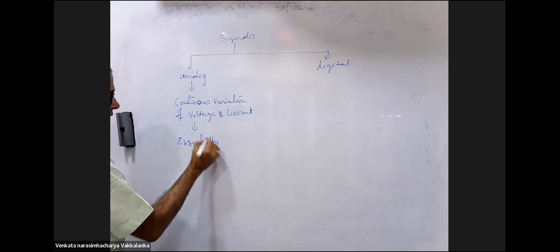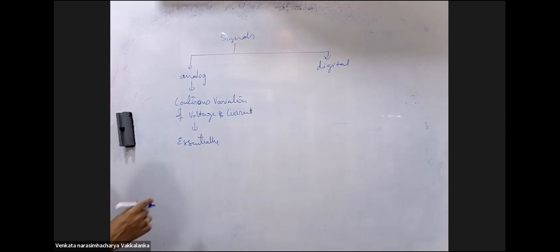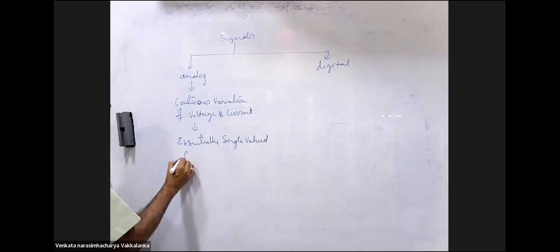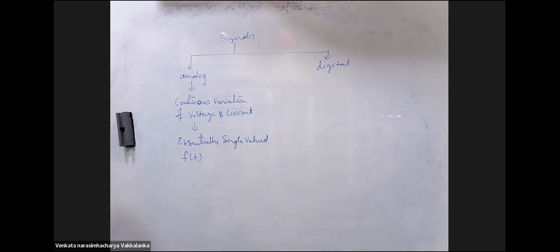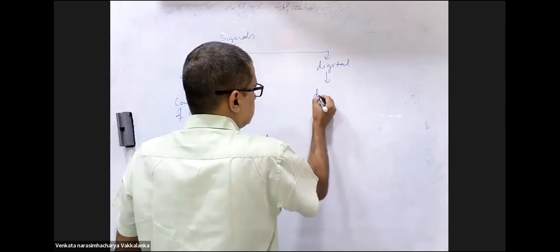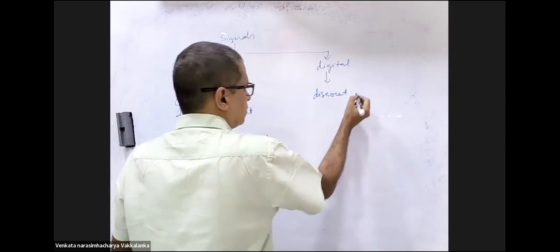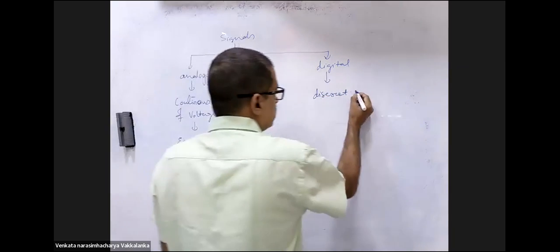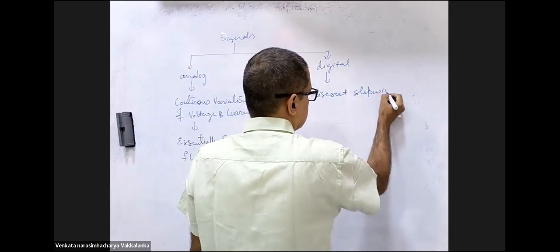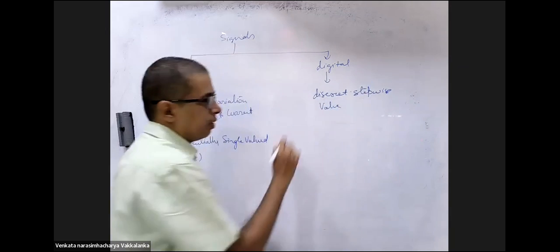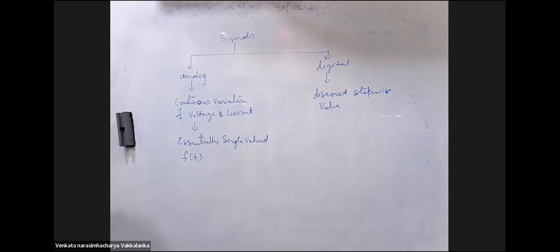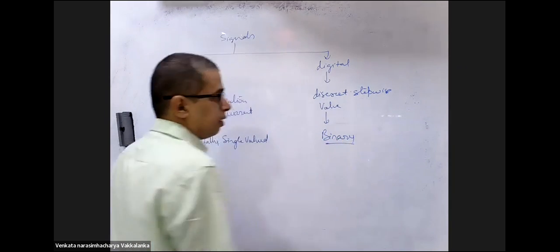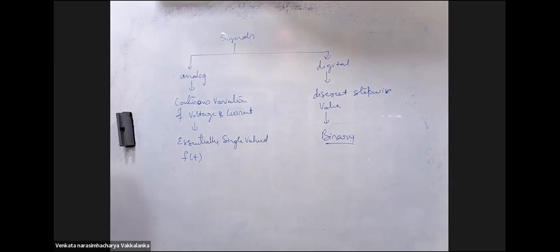Essentially, it is a single valued function of time. Digital is discrete, stepwise value. Generally, this is a binary system. Above that voltage the signal is 1, below that voltage the signal is 0.